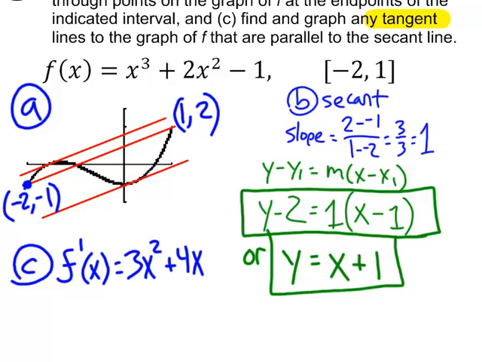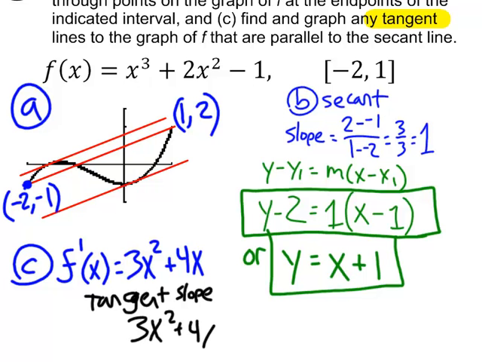So according to the MVT, we're going to set that equal to the secant slope. So just to be explicitly clear, tangent slope is the 3x squared plus 4x, and we're setting it equal to secant slope, which was simply 1. And let's proceed to solve that.